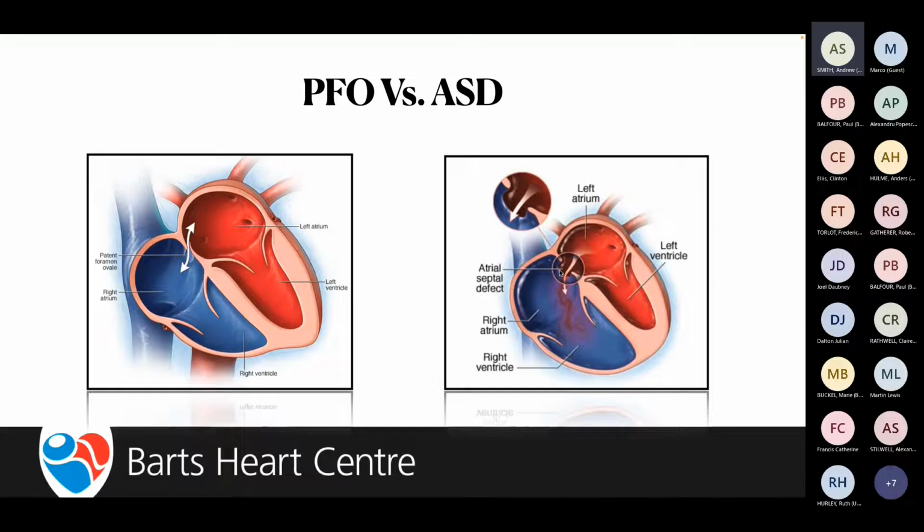So just a reminder, in most circumstances, ASD is the defect that gives you a volume load, and PFO is not a hemodynamic concern. It's just the opportunity for a small amount of venous blood to be transmitted into the systemic circulation.